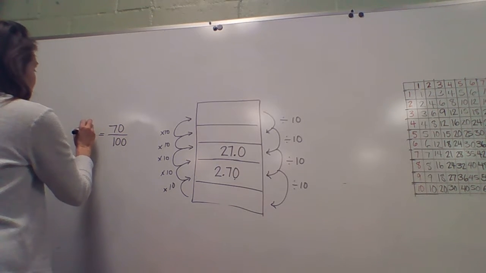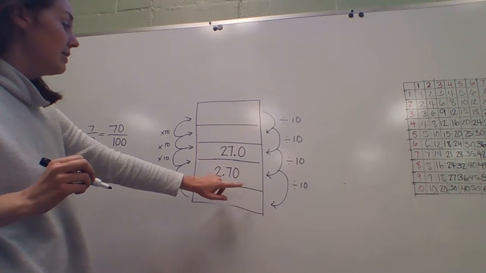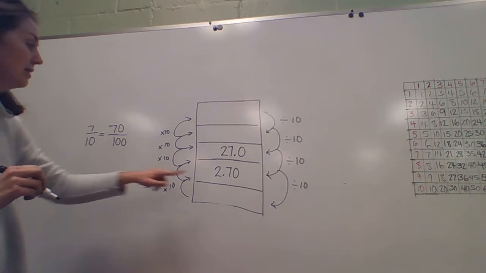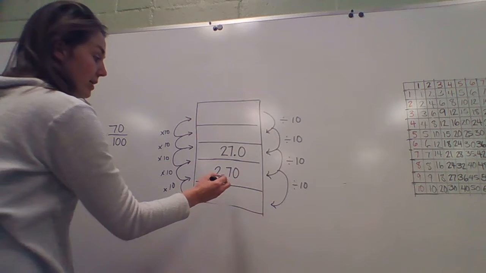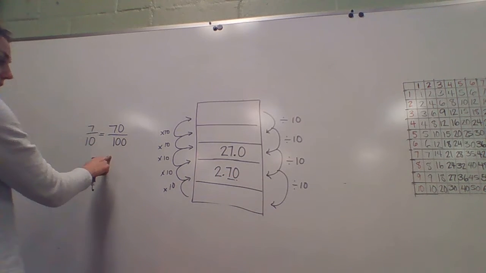But 70/100ths is really the same as 7/10, right? And we can see that it has the same value. The 7 is still in the tenths place, but when we have a 0 next to it, we would have 70 hundredths.